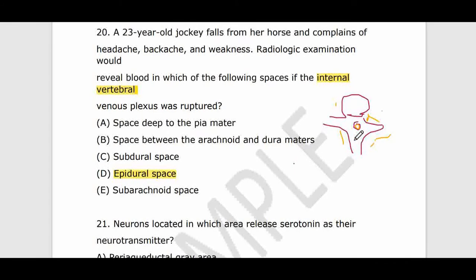So that's the internal vertebral plexus, but they are still in the epidural space.